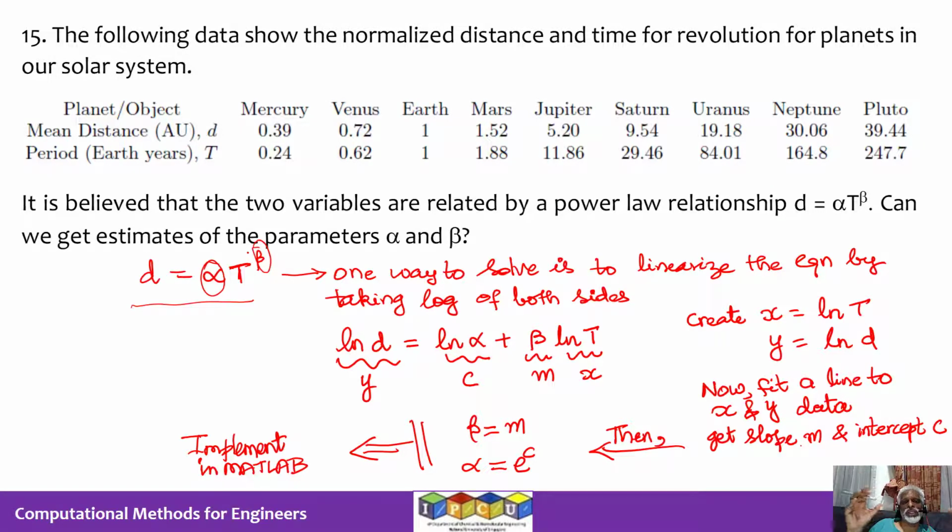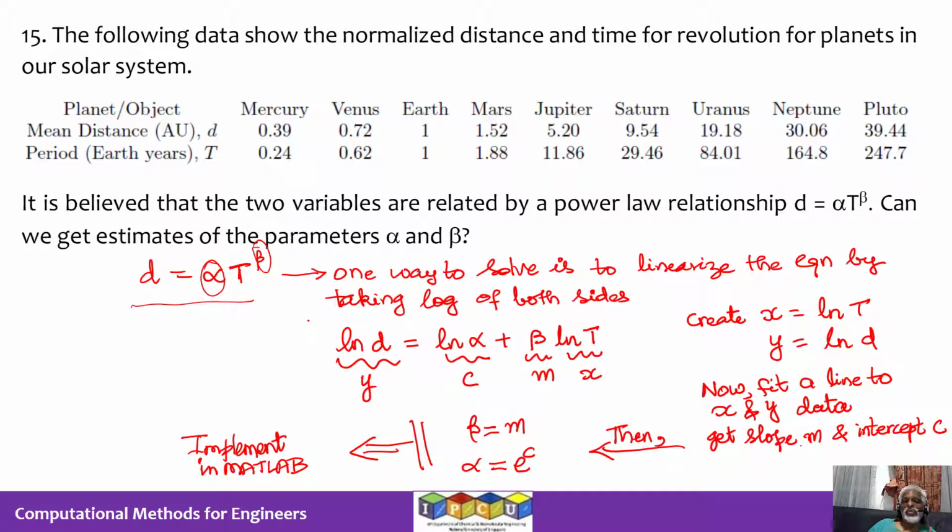That is one identity. And then log of x to the power of n is equal to n log x. Using that idea, we can write the natural logarithm of alpha t to the power of beta as ln alpha plus beta times ln t. ln stands for natural logarithm.